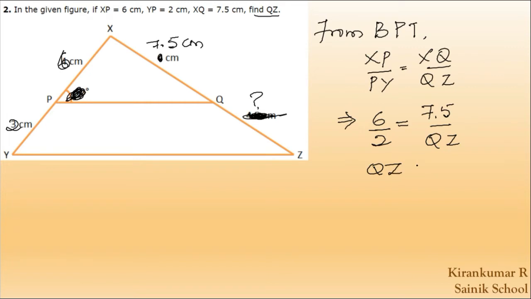So QZ will be equal to 7.5 into 2 divided by 6. On simplification, we get QZ value as 2.5 cm.